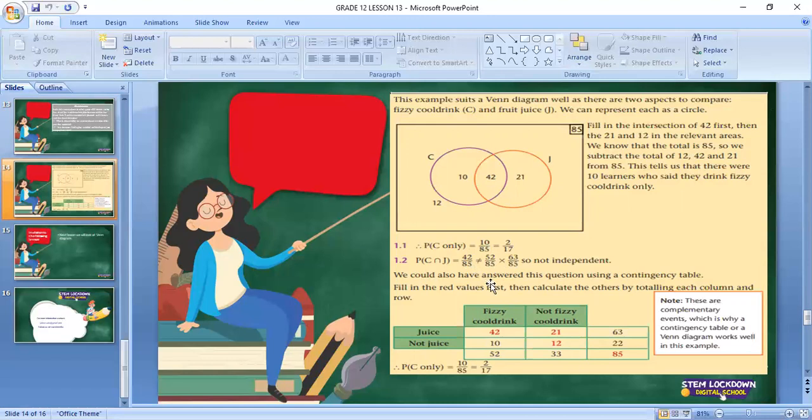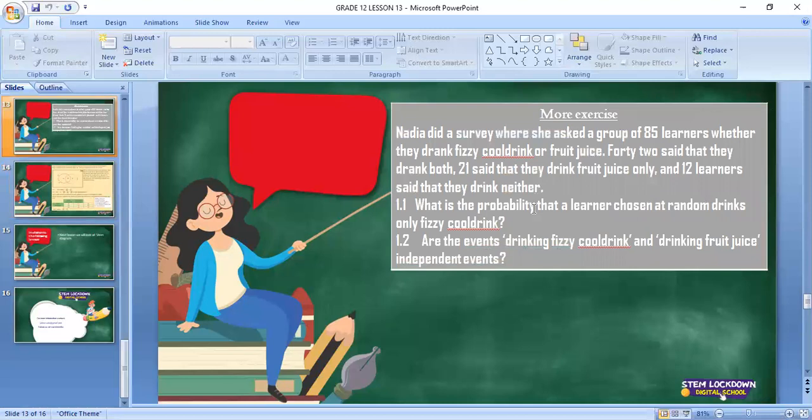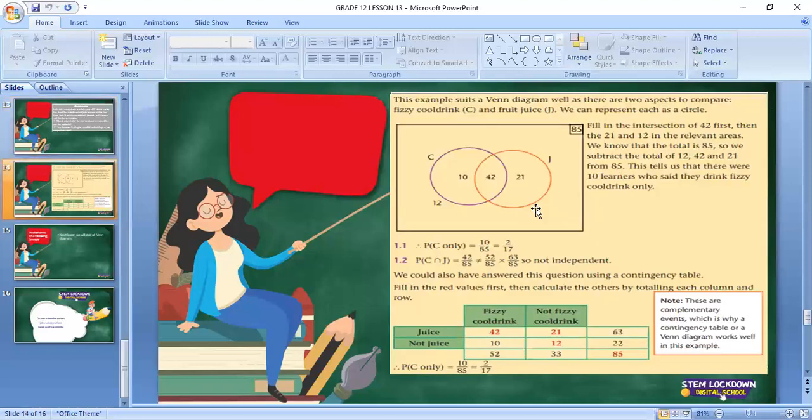This kind of question can also be answered using the contingency table. We draw our table and complete everything that we're given. 42 drank both, 21 drank juice only, and we have 12 here.